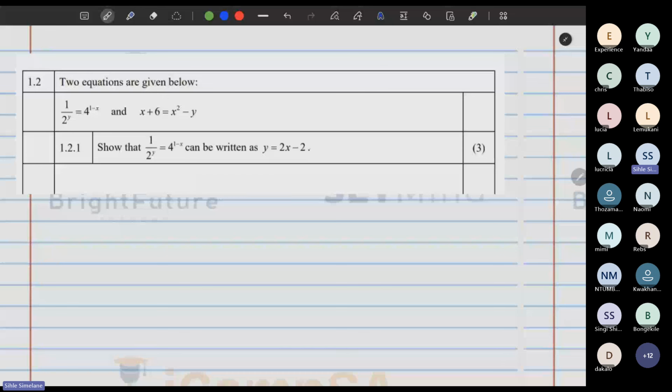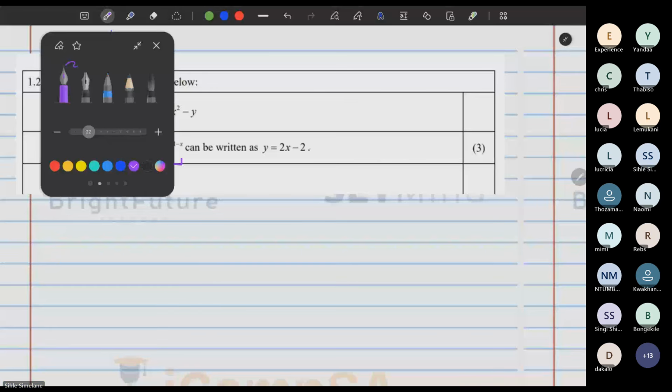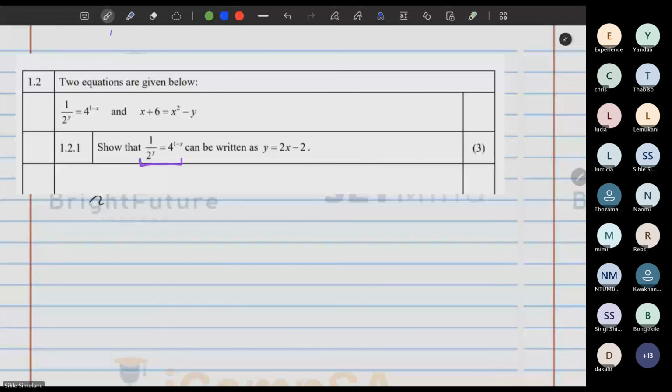So meaning these expressions are really the same. That is what we need to show. So let's think carefully of what is happening. We need to focus on this expression here, which is 1 divided by 2 to the y equals 4 to the power of 1 minus x.